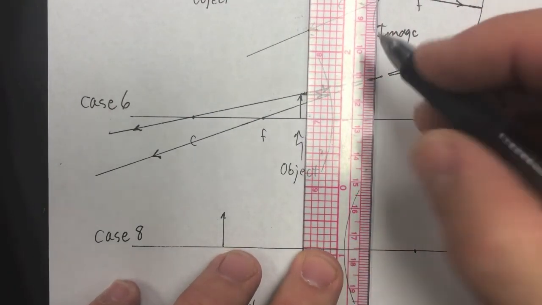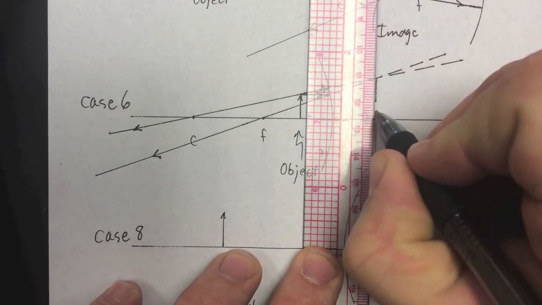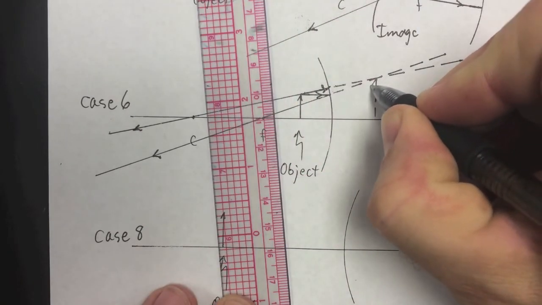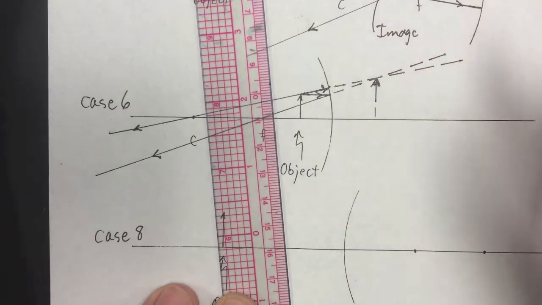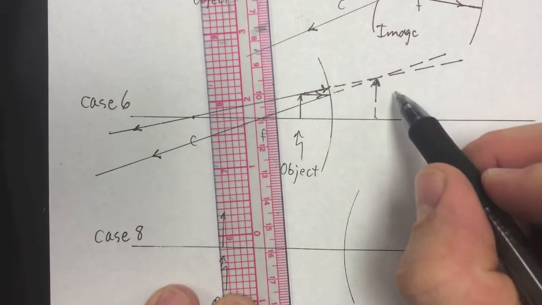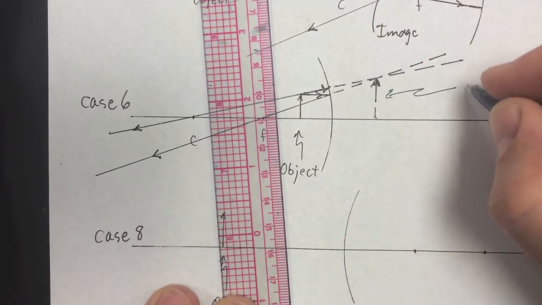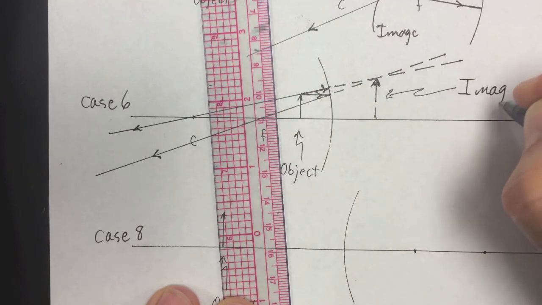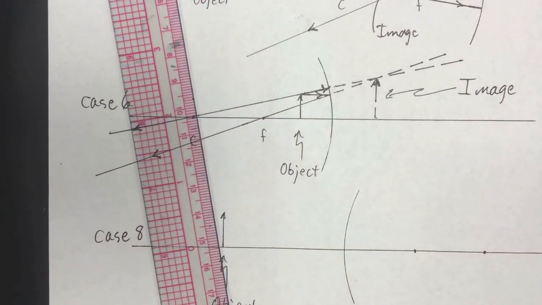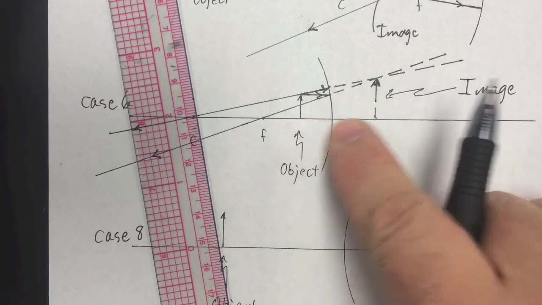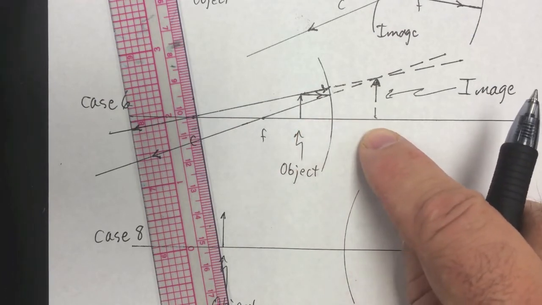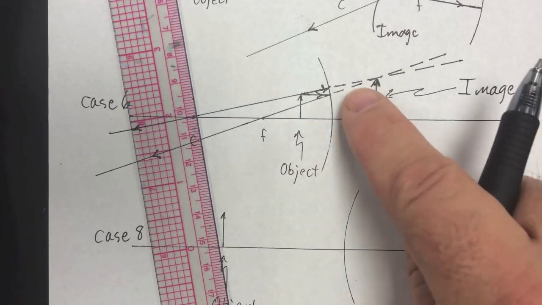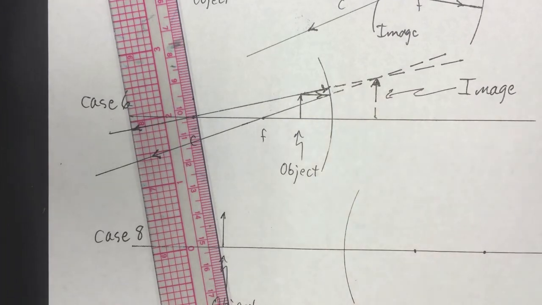So I'm going to draw on that image. And notice that the image is bigger than the object, and it's located on the other side of the mirror from the object, so it's made by fake light rays, so we call it a virtual image.